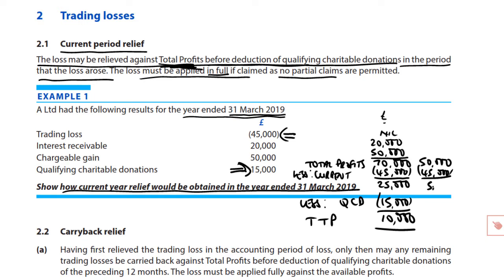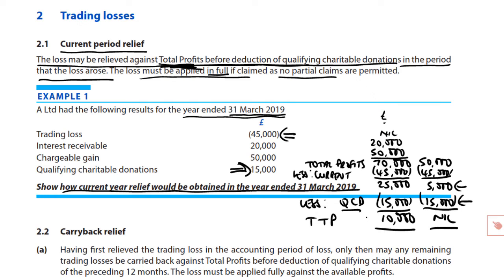That would leave you with only 5,000. You would have paid a donation of 15,000, but that will simply bring you down to nil as your TTP. You would only have used 5,000 of these qualifying charitable donations. The remaining 10,000 would have been wasted.